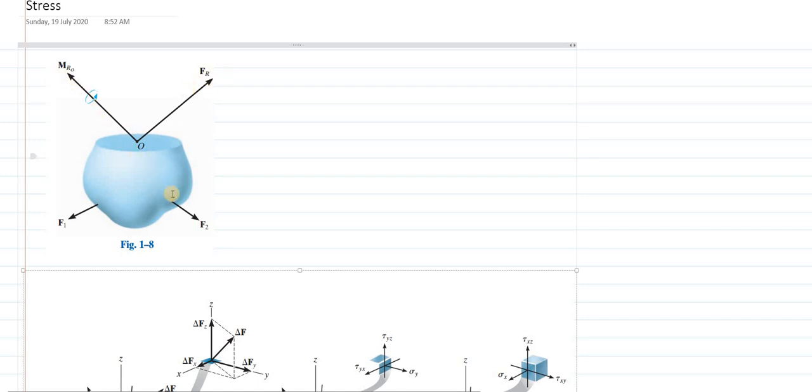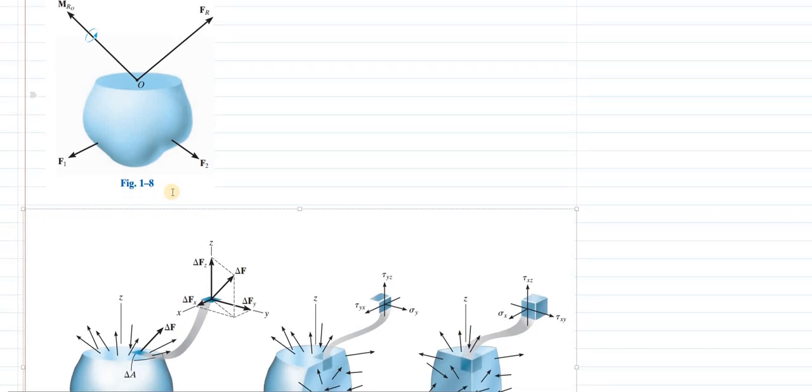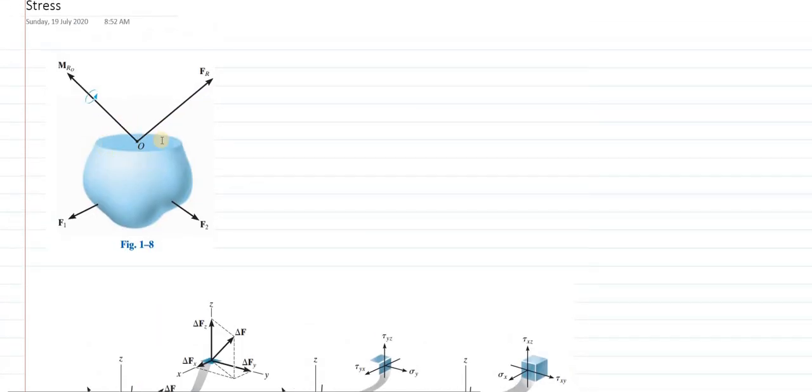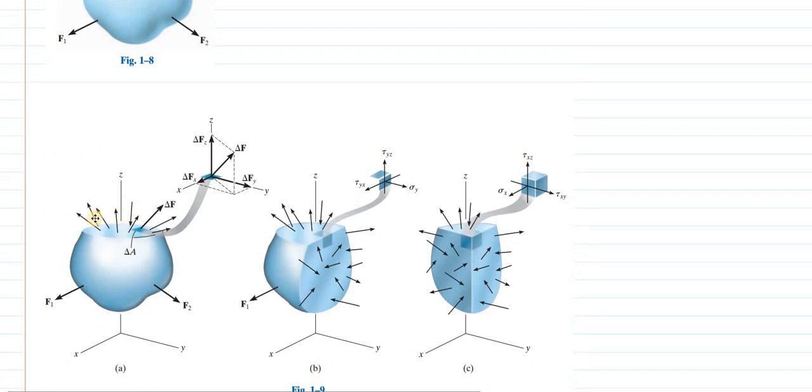Now, next we are going to discuss the concept of stress. So if you consider, this is the whole sectioned area. Now, in this whole sectioned area, you consider a small area delta A lying in the same plane. I mean, delta A is just a small part of this whole cross section.